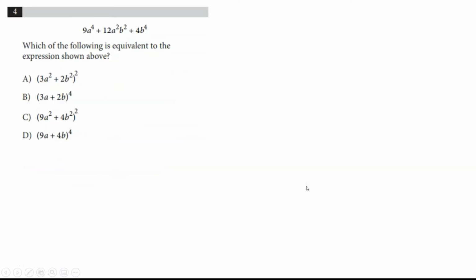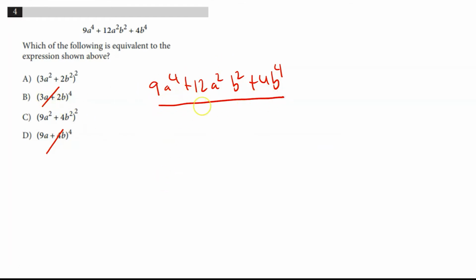Moving on to question 4, we are given an expression and we are trying to find an equivalent expression in the answer choices. We have 9a to the 4th plus 12a squared b squared plus 4b to the 4th. Immediately we can cancel choices B and D because expanding those to the 4th power wouldn't make sense in this expression.